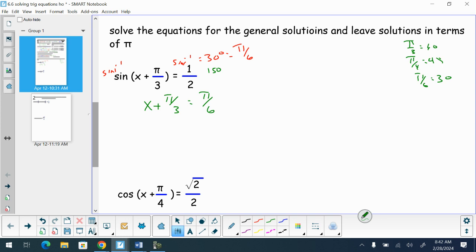Which one of these can I multiply by something to get 150 degrees? 60, I can't multiply by anything to get to 150, 45, nothing. But 30, I can multiply by 5. So 150 is 5 pi over 6. So my second equation is x plus pi over 3 is equal to 5 pi over 6.